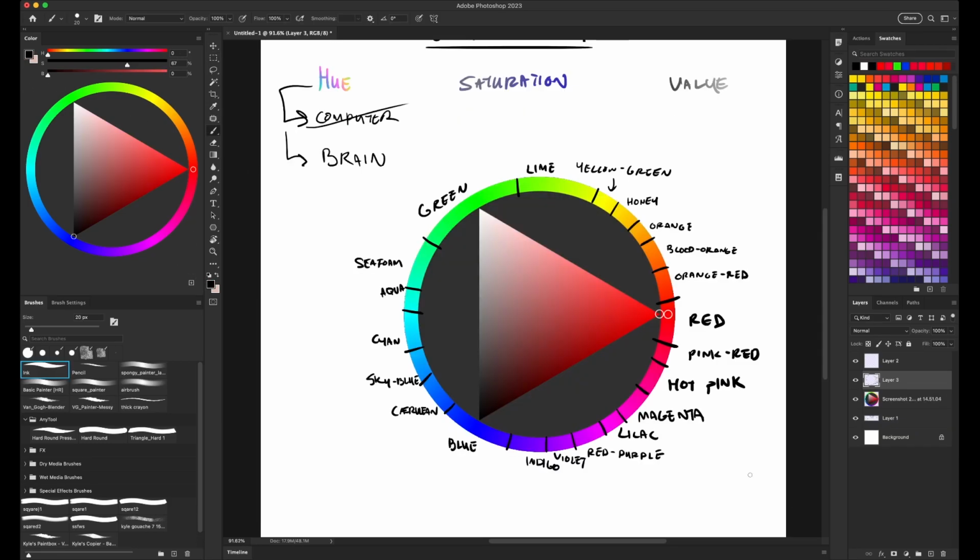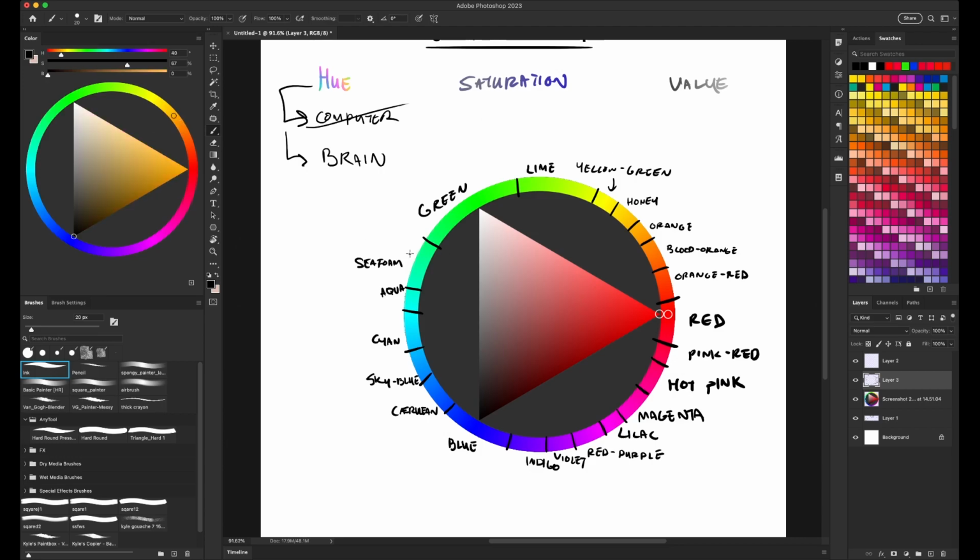So this is essentially how I think of the color wheel. You'll notice that there's a lot of very intricate color families here, and I prefer to divide, this is generally how I group colors because I feel like it lends to a better understanding of how diverse colors are.